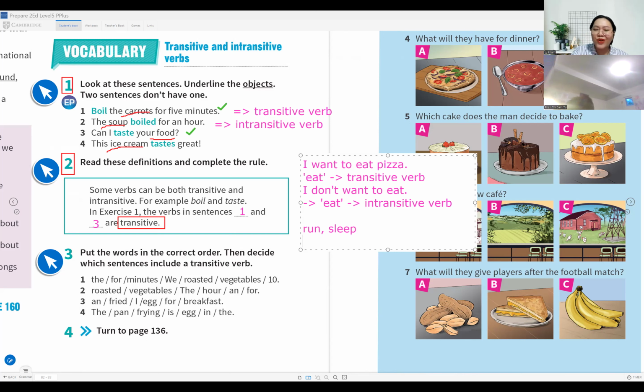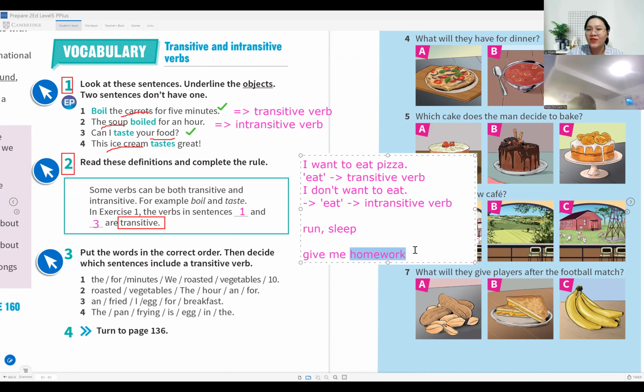But for example, the word give, like my teacher usually gives me a lot of homework. For the word give, it is always a transitive verb because it needs an object, one object or even two objects, like one object about the person and one object about the thing.